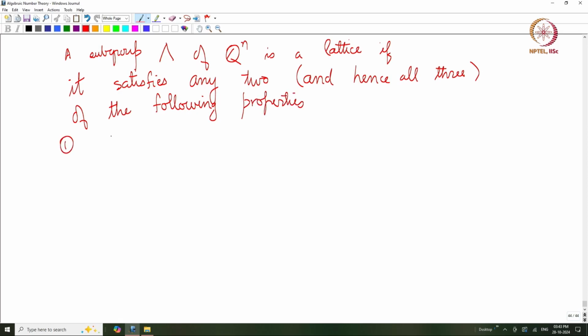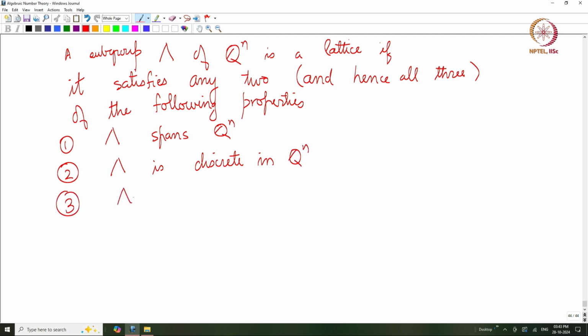What is the first property? Lambda spans Q to the n. The second property is lambda is discrete in Q to the n with its natural topology, and the third is lambda is a free Z module of rank n.